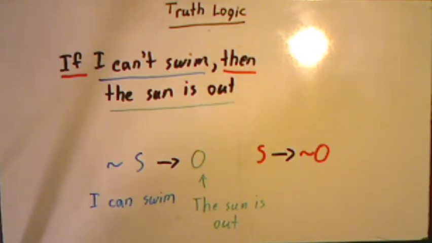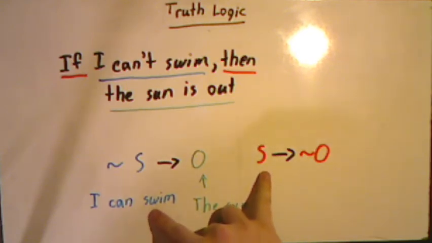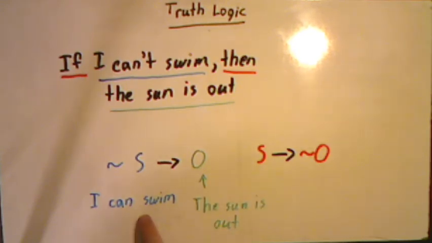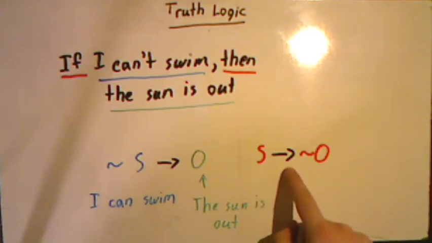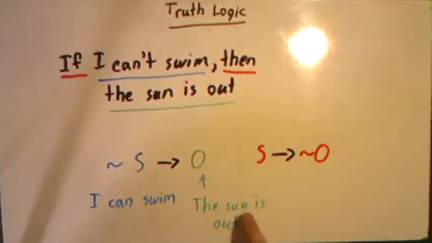And this could be written as the sentence, if I can swim, seeing that S is the equivalent of I can swim, then the sun is not out. And that is our inverse.